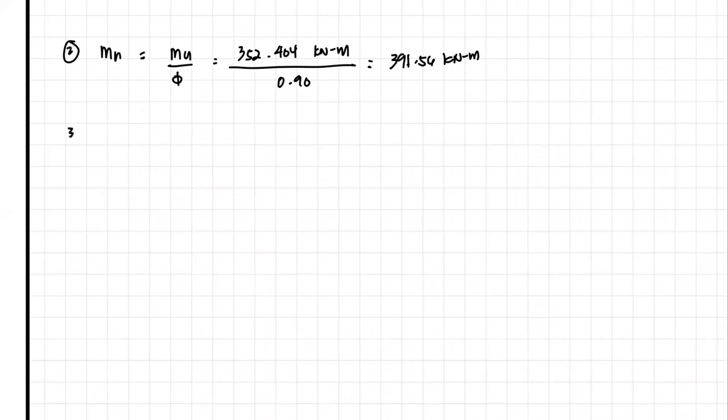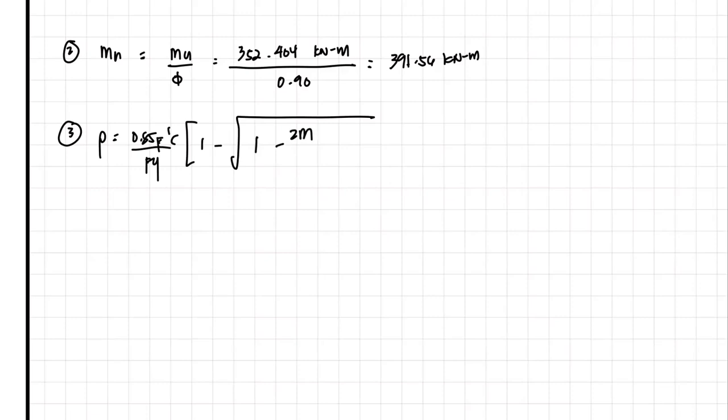Okay. Next, step 3 is to get the value of rho using 0.85 f'c over fy times 1 minus square root of 1 minus 2Mn all over 0.85 f'c b.